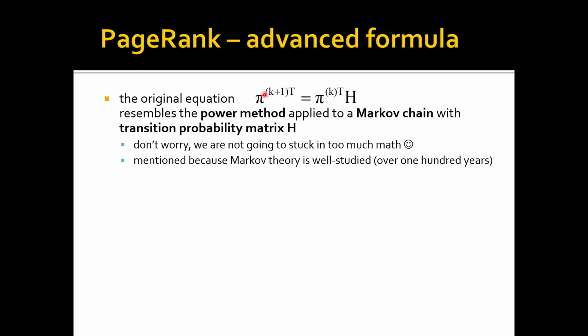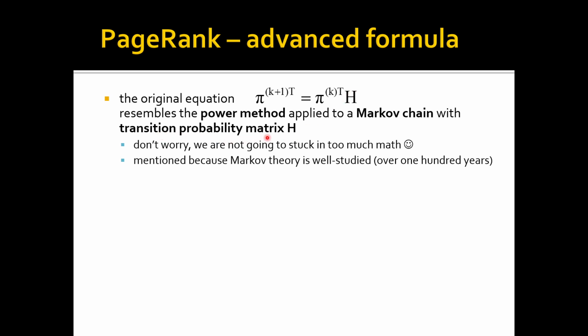So the founders of Google noticed that this equation basically resembles a so-called power method in the theory of Markov chains, where the H is not an adjacency matrix like for web pages, but it's generally some transition probability matrix H.